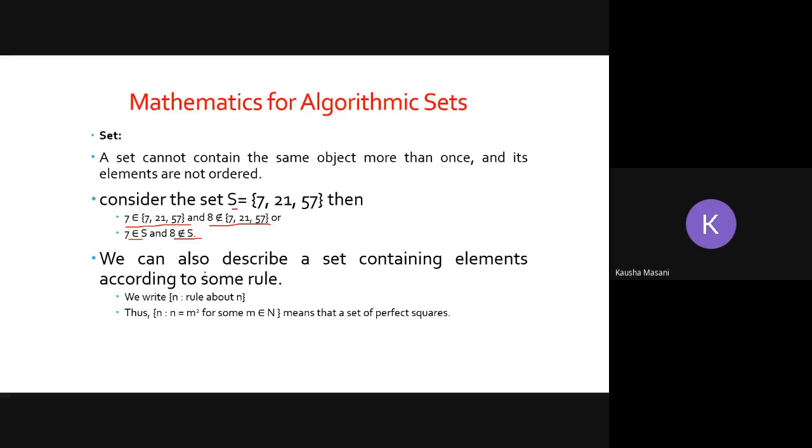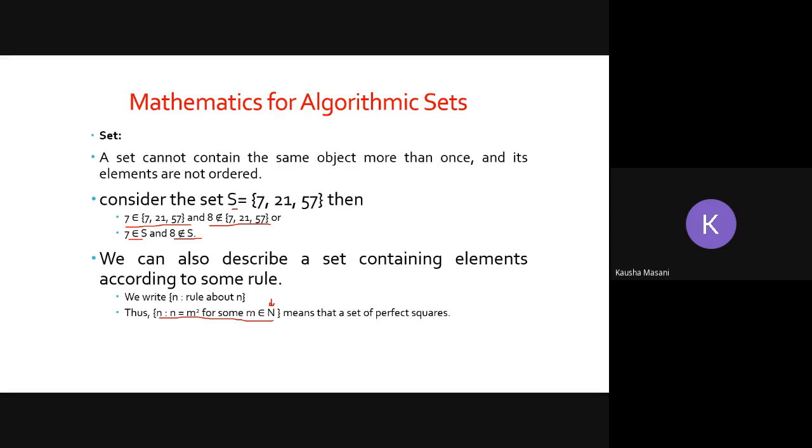You can also describe a set containing elements according to some rules. Rules means you can write n and write a rule about n. That means all the numbers in the set follow some kind of rule. So something like this: n, then colon, n equal to m square for some m that belongs to capital N. Now this capital N is nothing but your set of natural numbers.